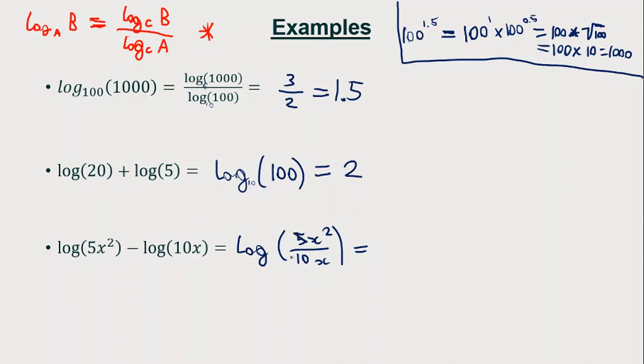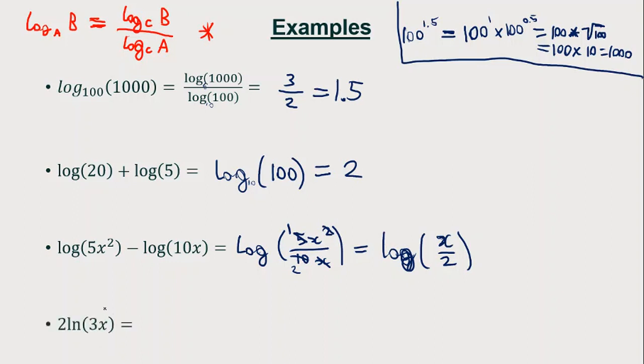So 5 and 10 can be divided by 5 to leave you with 1 and 2, and also remember that x squared is x times x, so we can cancel one x and end up with logarithm of x over 2, so half of x there. Of course we stop there because we don't know the value of x. We just leave it in the algebraic format, in the most simplified format we can.